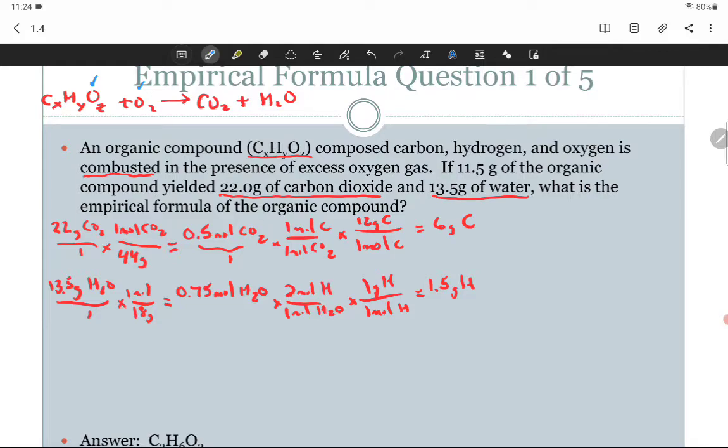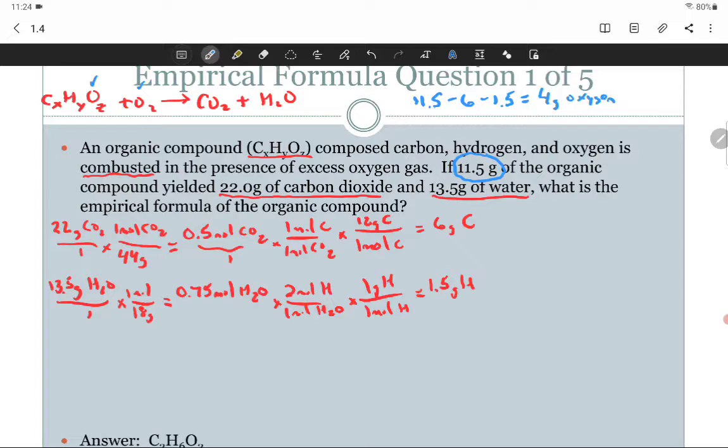But we know that there is 11.5 grams of the organic. So if you go 11.5 minus all the grams of carbon minus all the grams of hydrogen, you'll be left with the grams of oxygen. And that's going to come out to be 4 grams. So there's 4 grams of oxygen that's in that organic compound.